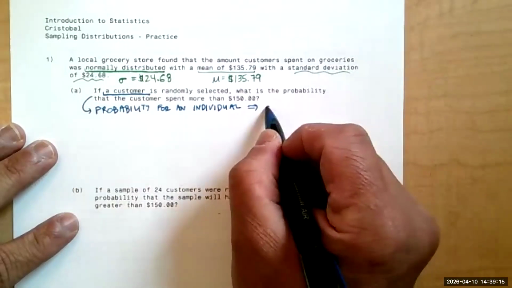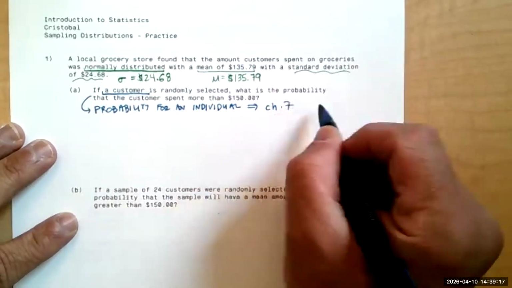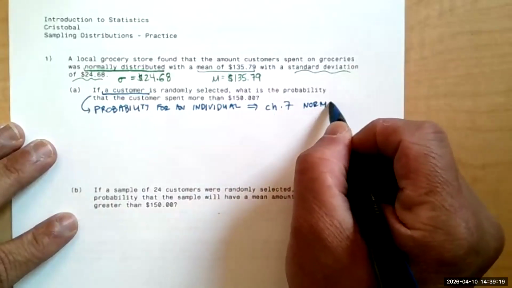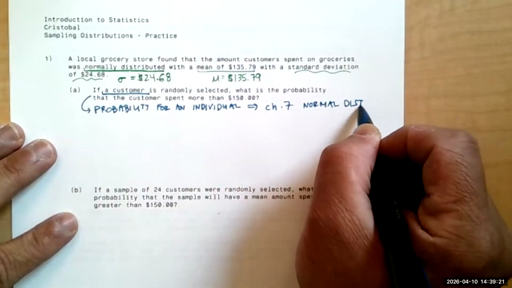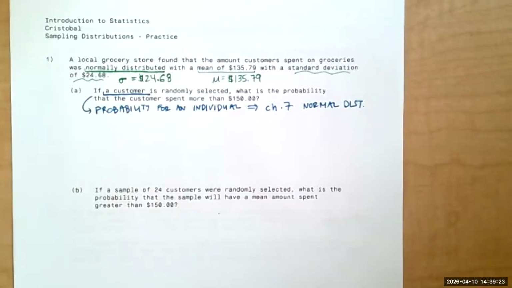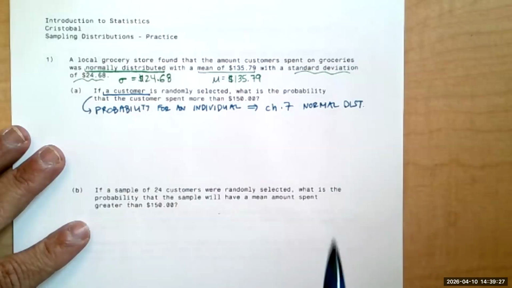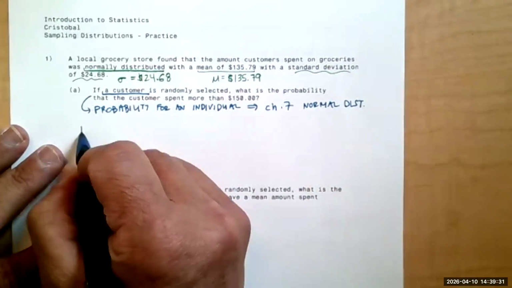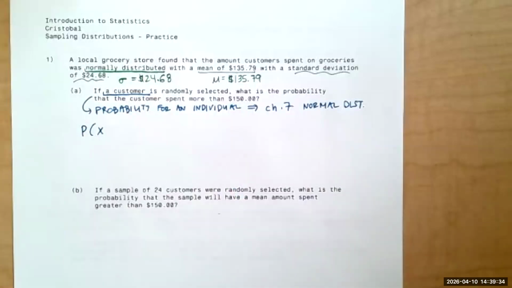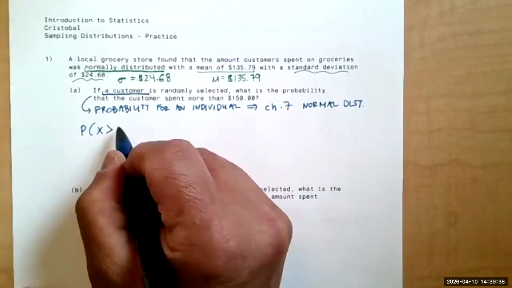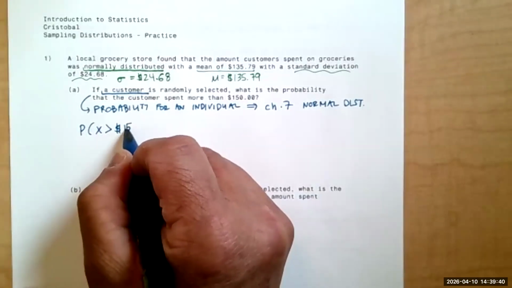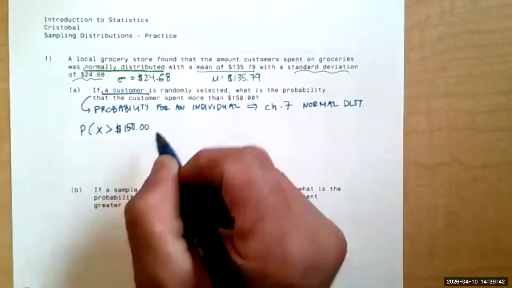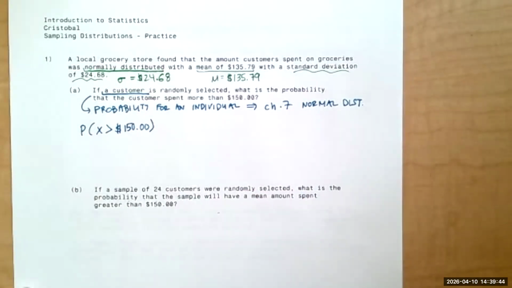So this is just our chapter 7 work, a regular normal distribution type problem, a good bit of review. We want the probability that that one person, that X value, is spending greater than $150 on these groceries.